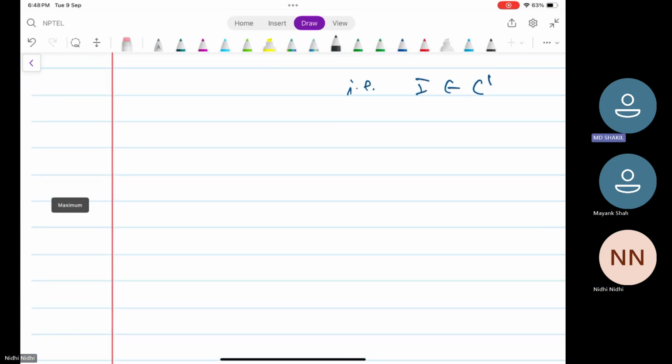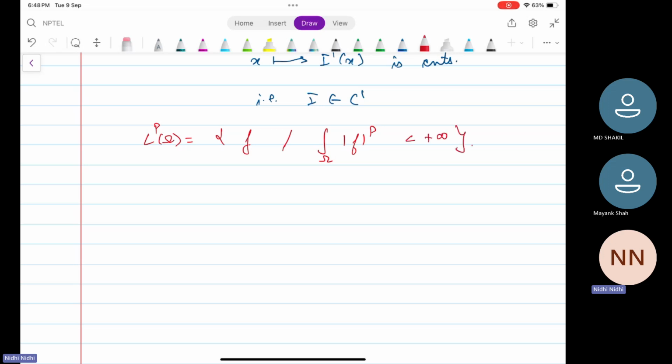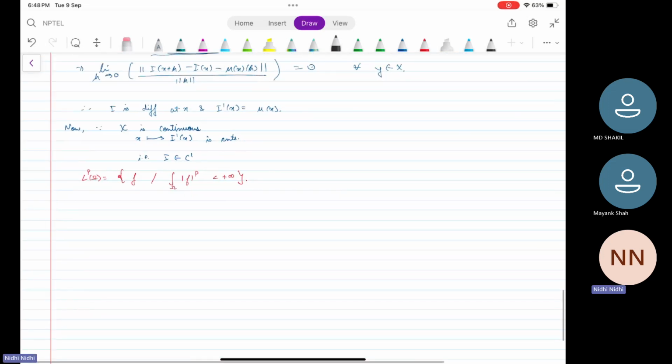Capital L^p space is the collection of all those functions such that the integral to the power p is finite. So it comes in measure theory. I think this problem will be helpful for you further to reconnect the things. Let's do some.